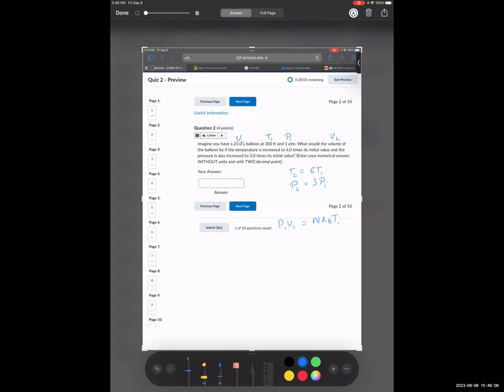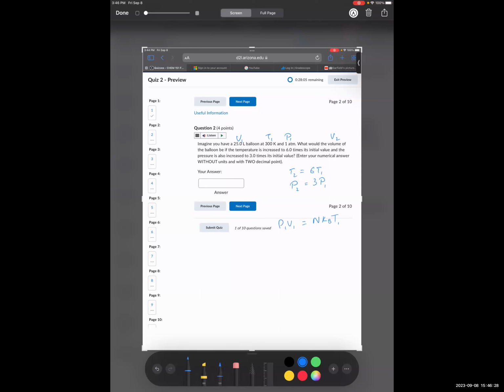Therefore, we can say that P1 V1 over T1, moving the temperature to the other side, should be equal to a constant. Or, if you want to do it in an algorithmic way, we can do it this way as well.